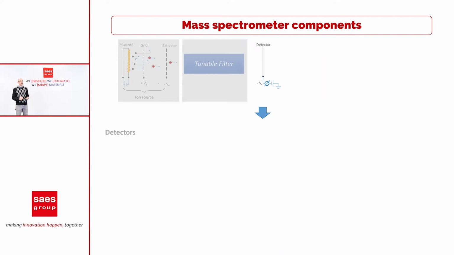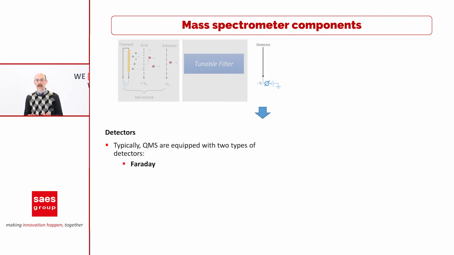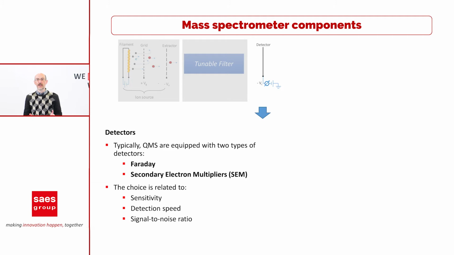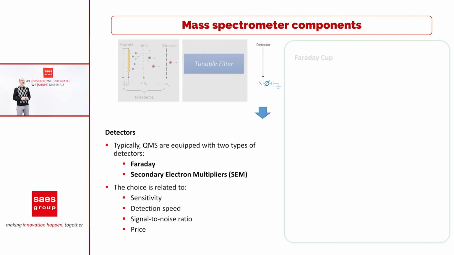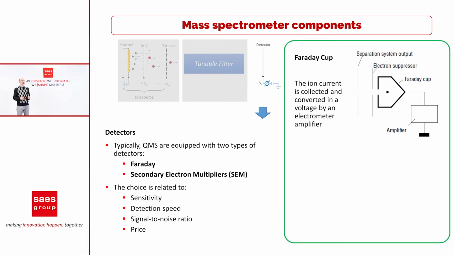As to detectors, there are basically two families: the Faraday cup and the secondary electron multipliers. They differ in sensitivity or gain, detection speed, signal-to-noise ratio, and clearly price. The Faraday cup collects the charge carried by ions, and the signal is converted into a voltage by means of an electrometer amplifier.